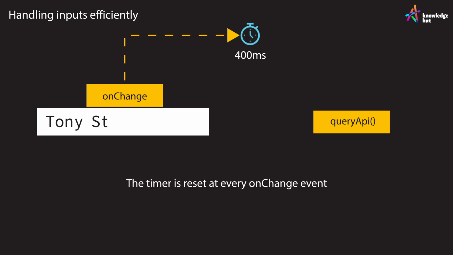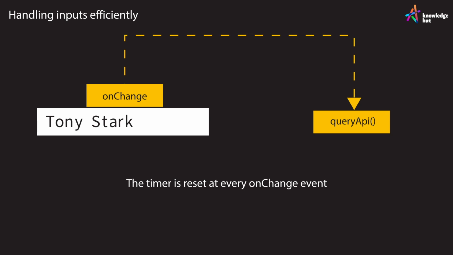Assuming the user types in at a standard rate of about 190 characters per minute or so, our timer won't be able to reach the 400 millisecond threshold easily and would keep resetting back to 0. That is until the user stops typing. This is when the timer reaches its mark and executes our API call. Even if the user types slowly, this process can considerably bring down the number of API calls.